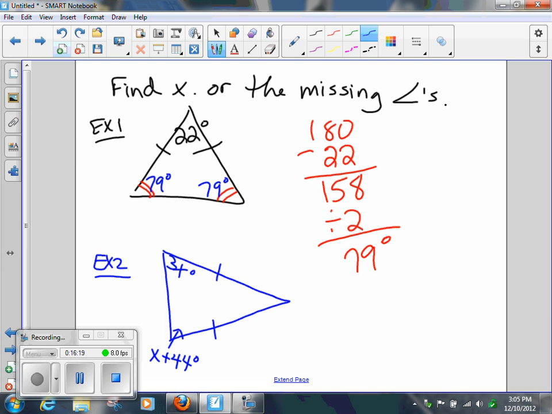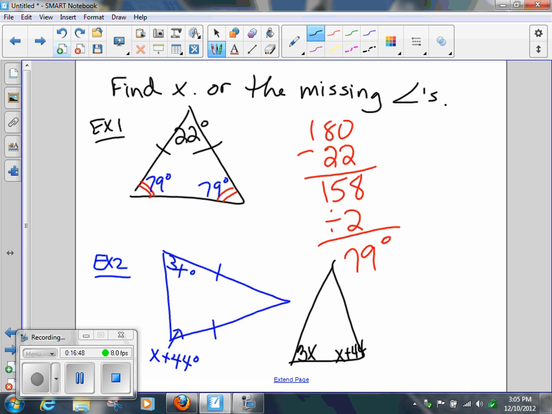That's 3x degrees and x plus 44 degrees. What the world? First of all, what would Miss Perry have to do to her paper? I've got to turn it, set it where it's looking like this. So I'd have 3x and x plus 44. That's what I need to see personally, okay?